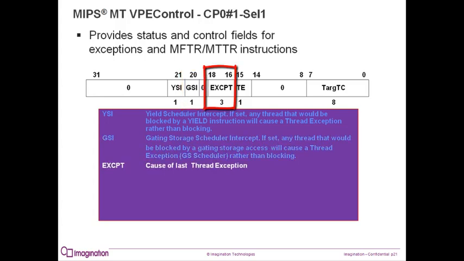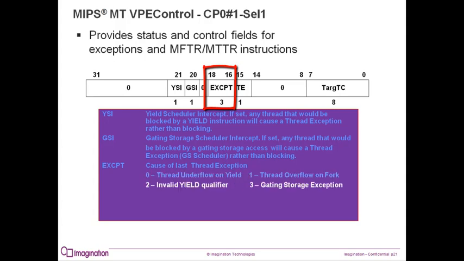The exception field encodes the cause of the last thread exception. A 0 indicates a thread underflow on yield. This is caused when the execution of a yield would result in yielding the last thread in the system. A 1 indicates a thread overflow on a fork. This is caused when there is no thread available to fork.